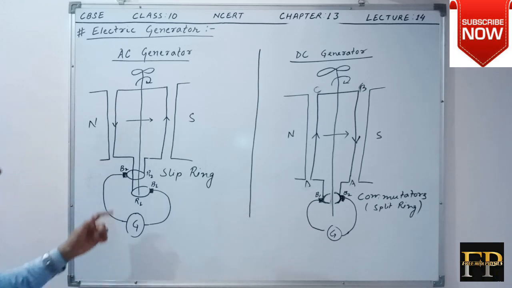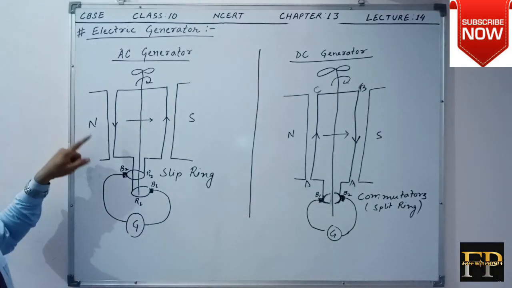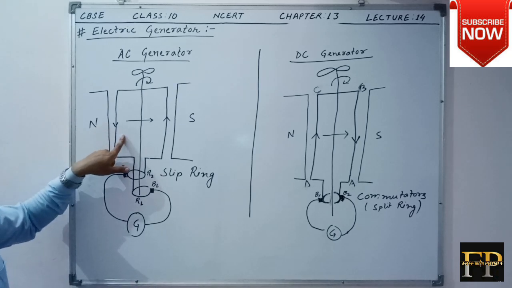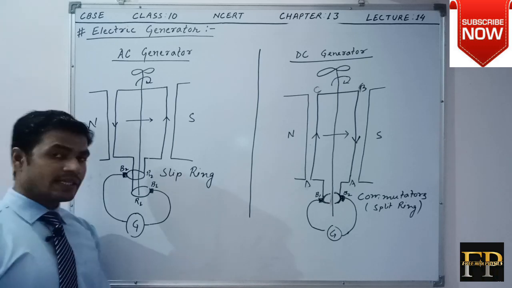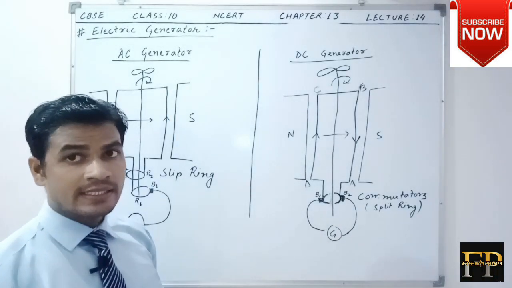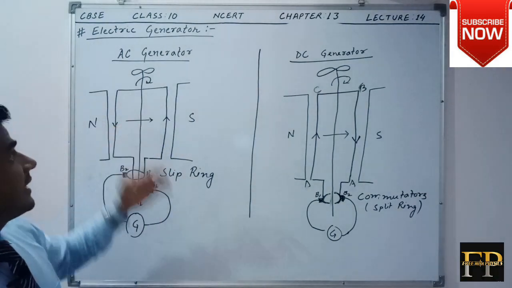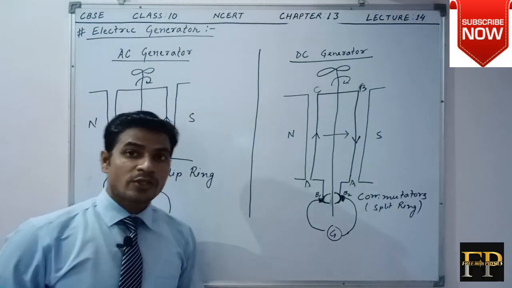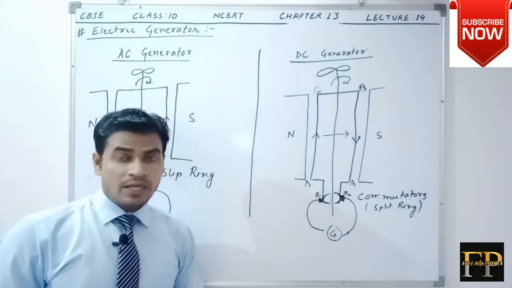Now, we have already discussed in the previous lecture that in AC generator, after each half rotation, the direction of the electric current changes, and therefore it is called AC generator. So students, let us recall it.